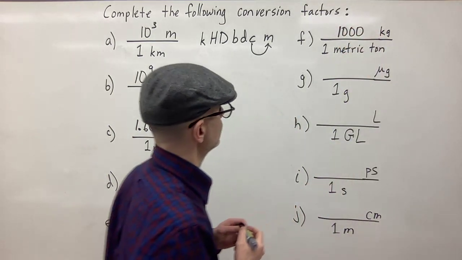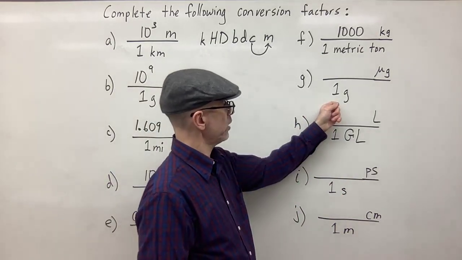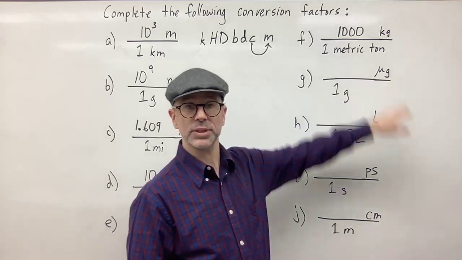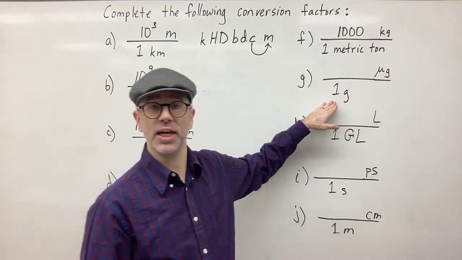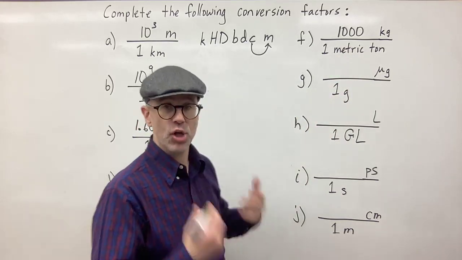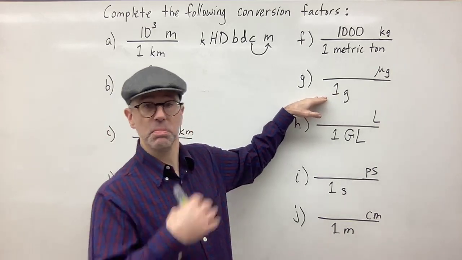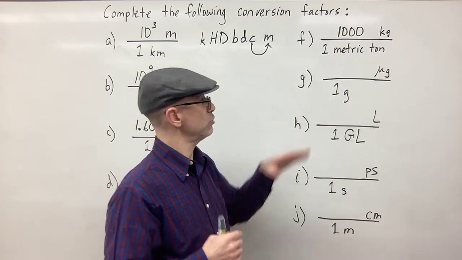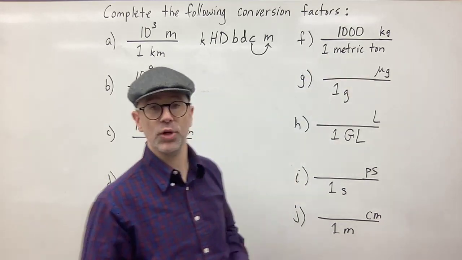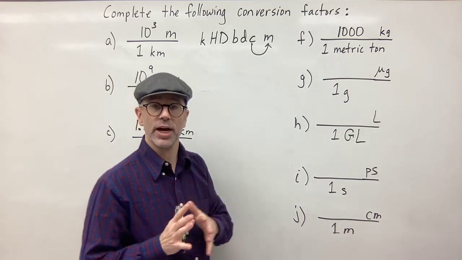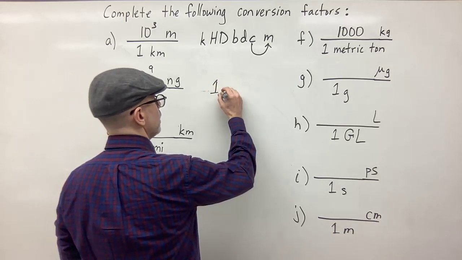So this one is going to be 1,000 kilograms. Okay, next we have 1 gram and we have micrograms. So this is a prefix unit to a base unit. They're both metric units. So the way I would start out, if I was supposed to come up with this from scratch, I would put the 1 with the prefix unit and then put the prefix multiplier with the base unit. So I would put 1 with microgram.